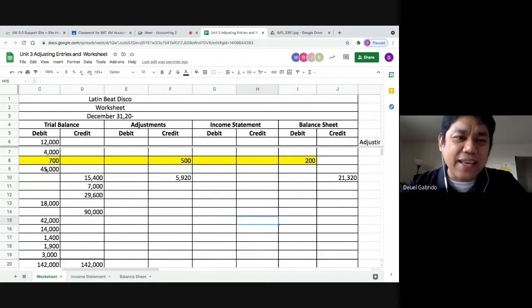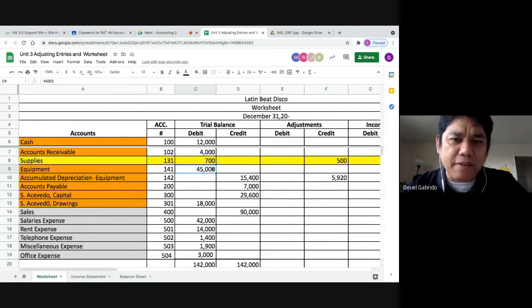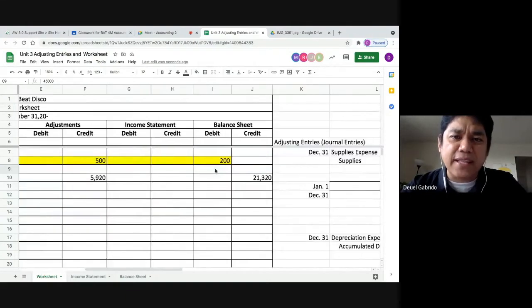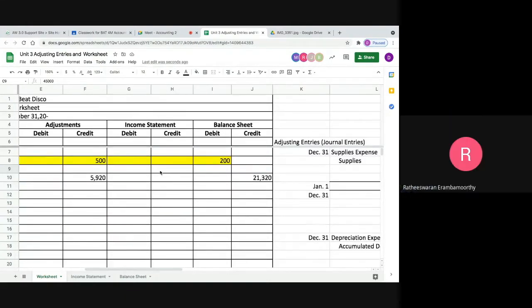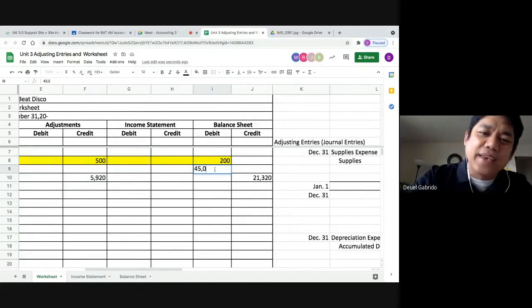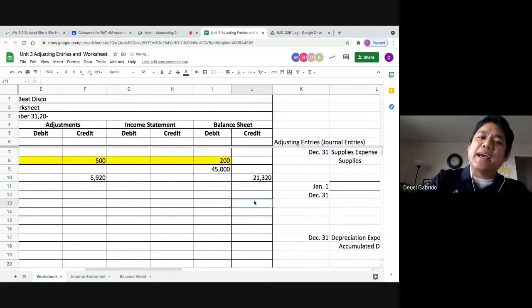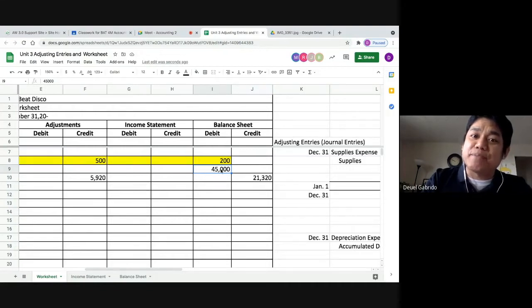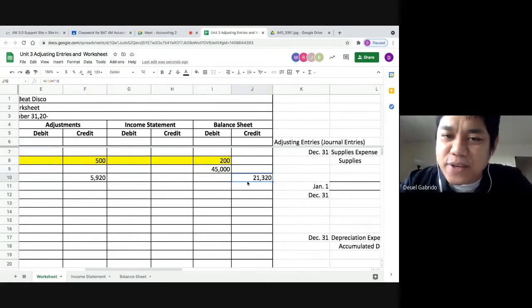What about the equipment 45,000? Where shall we put it? Income statement or balance sheet? Balance sheet, because that's an asset. So the 45,000 here is your equipment, the brand new amount, but when we take away the depreciation, they call it the book value of the equipment at the end of the year.